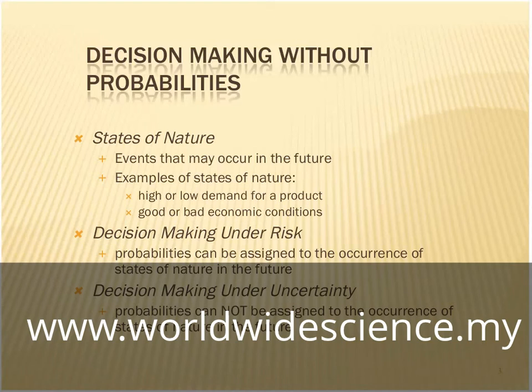In this situation, if you want to make a decision, you should calculate a probability. If there is a big risk in your company, you should calculate probability and allocate it to each state of nature.